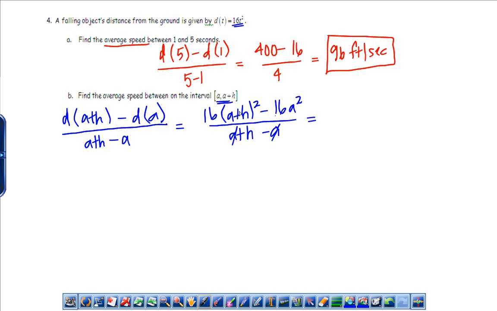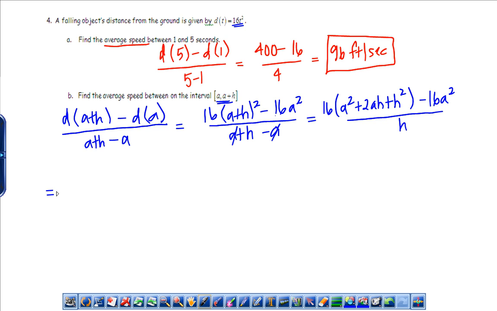The first thing you need to do is double distribute this (a plus h) squared. So this is going to be 16 times (a squared plus 2ah plus h squared) minus 16 a squared, and you just have it over the h now.